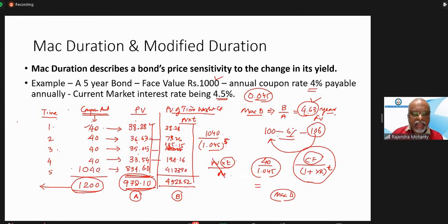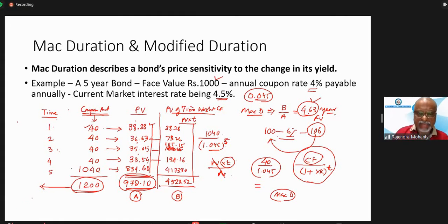If I am selling this bond, I get this price; the person buying it pays me 978.10. But today's value is not what he will receive then. So when the government pays that amount, the person has to hold it for 4.63 years to get this value.